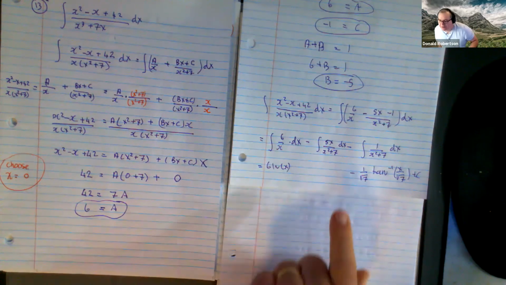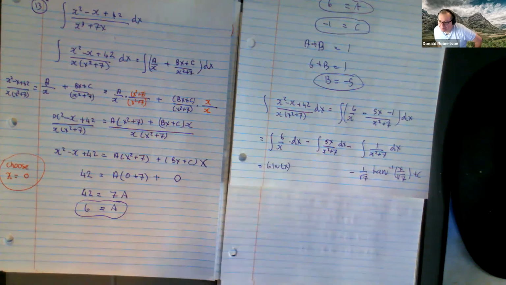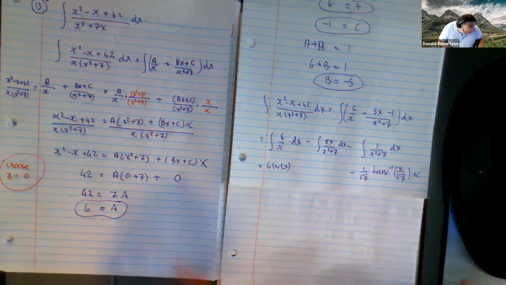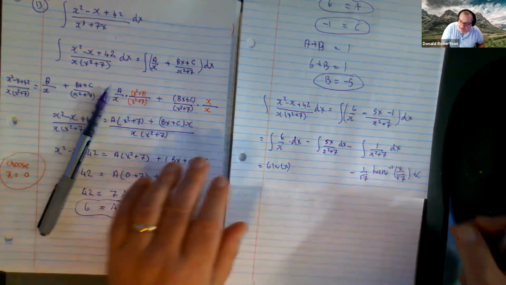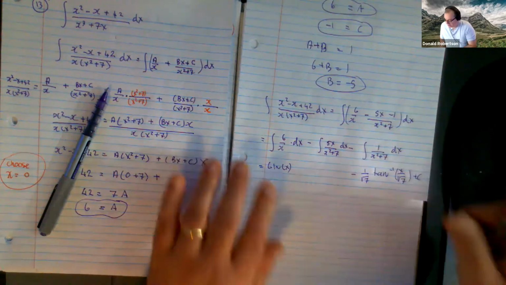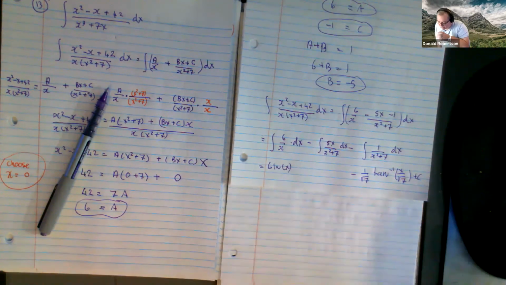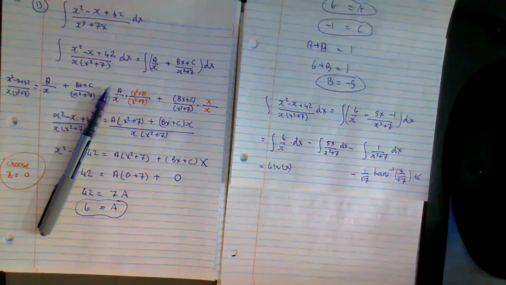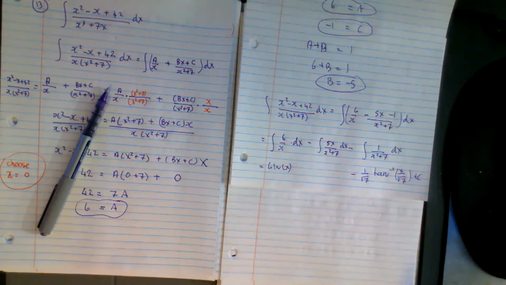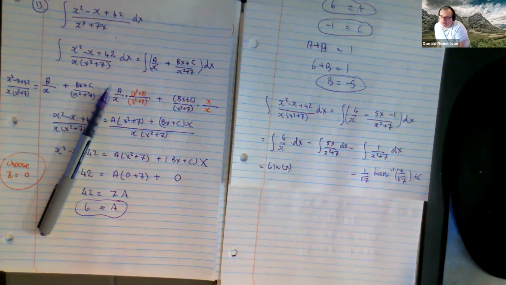How are we going to integrate this fella in the middle? What technique? Maybe I should phrase it that way. It's not a cover-up method, is it? Nope. Five x on the top, x squared plus 7 on the bottom.